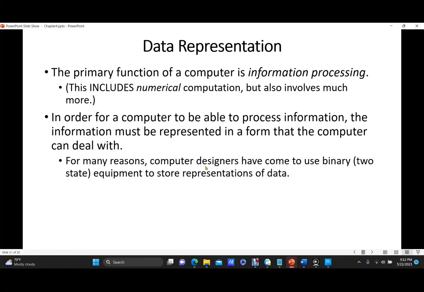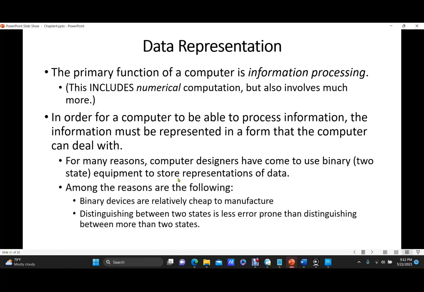For many reasons, computer designers have come to use binary equipment to store representations of data. For one thing, binary devices are simple and cheap to manufacture. In addition, they are less error prone because distinguishing between two states is easier than distinguishing between multiple states.